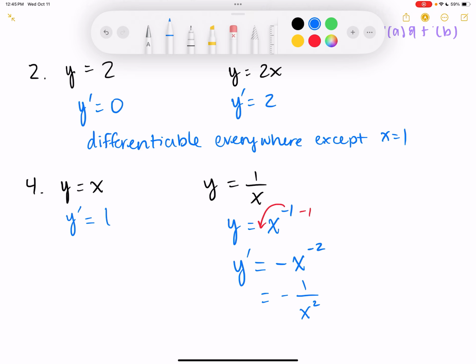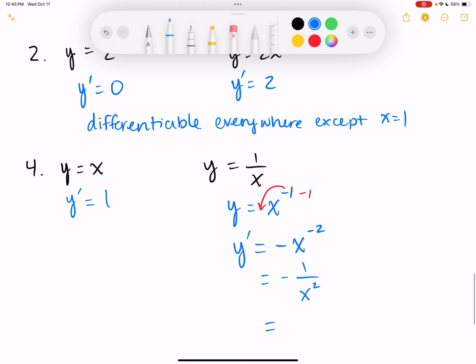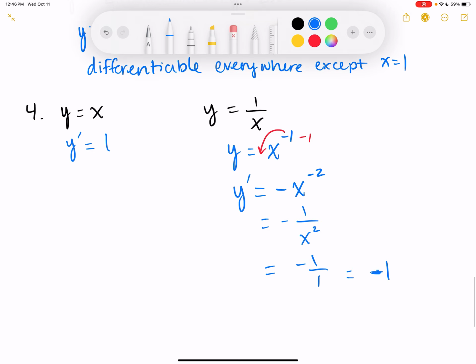So this point 1, 1 is getting plugged back in for x because basically it's the derivative at the point. So because it didn't come out to just be a number and we were left with an x, we're going to put in 1. So this would be -1 over 1, which is just going to be -1. And -1 is not equal to 1, so it's differentiable everywhere except for at x equals 1.